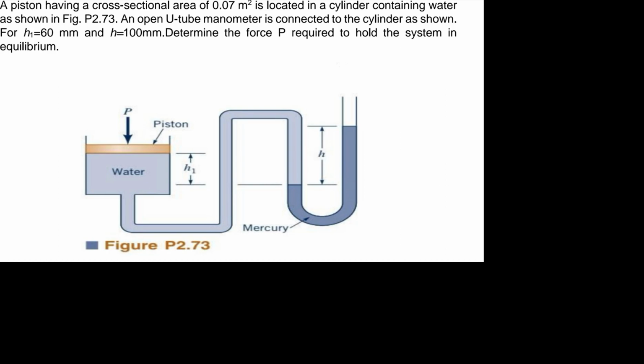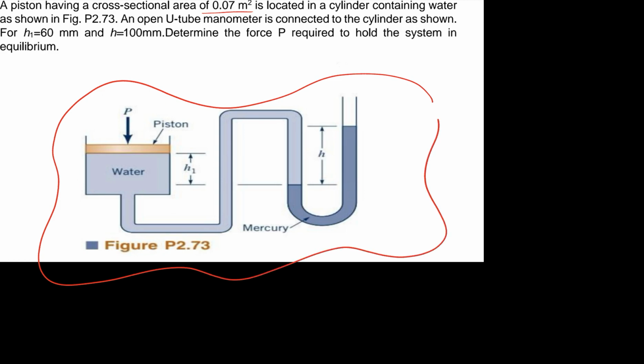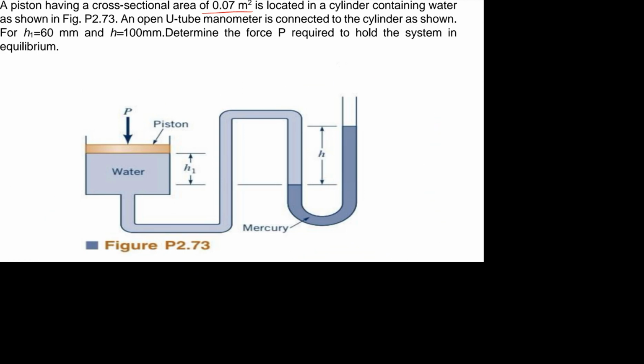Alright, let's begin. Now the question was to say a piston having a cross-sectional area of 0.07 meters squared is located in a cylinder containing water as shown in the figure. We have this figure. Now, an open U-tube manometer is connected to the cylinder as shown.